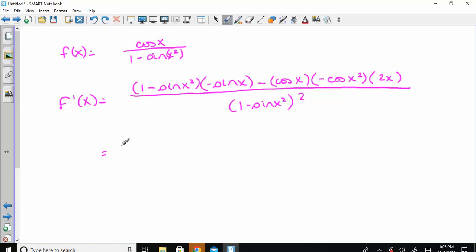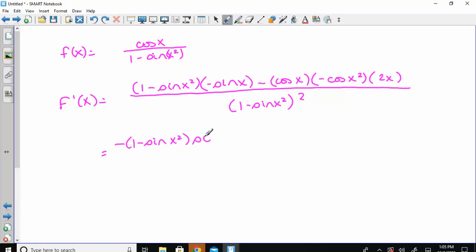Not a ton you can do to simplify here. You could multiply out on top. You would have a negative sine x. Actually, that's really not even going to be pretty because the angles aren't the same. So I probably wouldn't even do that.